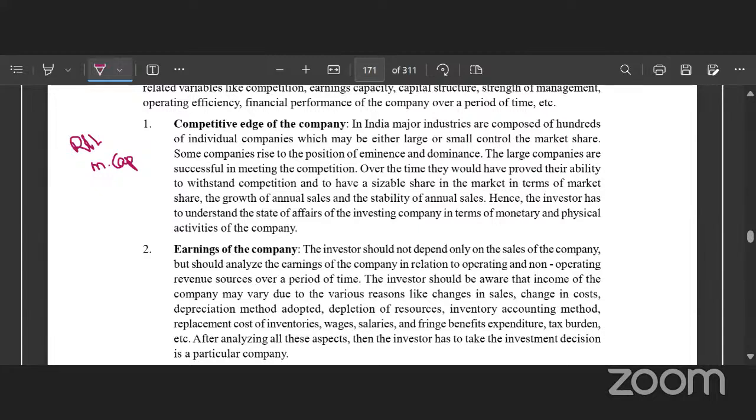Large companies are successful in meeting competition. Let me tell you a simple example: Procter and Gamble, P&G, is one of the biggest competitors to Unilever, and P&G is the world's biggest FMCG company.